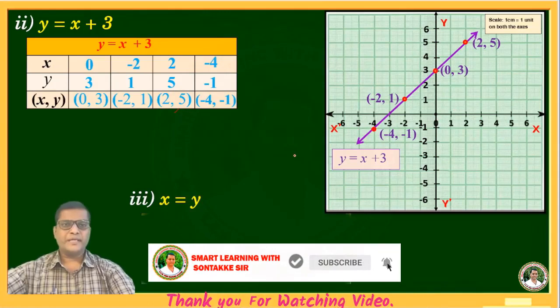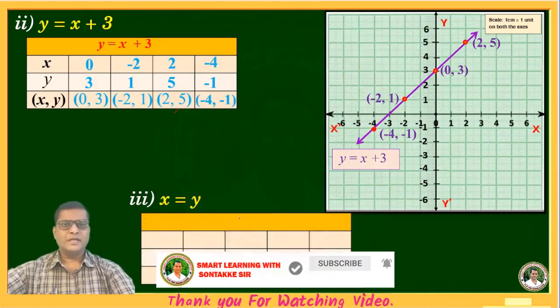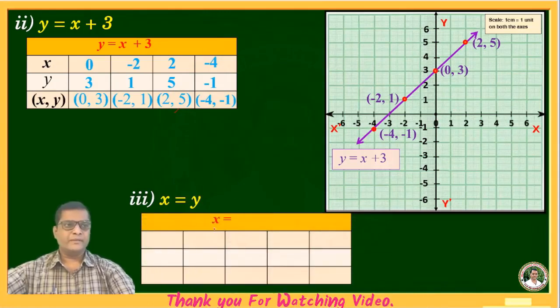Again, prepare a table for the equation x is equal to y. In the same way, take any value of x, we will get the value of y and we will get the coordinates of the point. If the value of x is 1, then y will be 1. Again, if you take the value of x as minus 2, then the value of y we will get is minus 2.